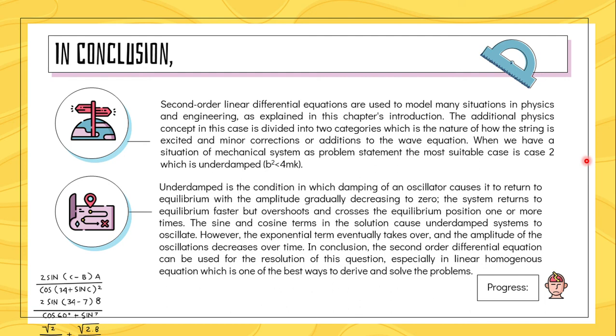However, the exponential term eventually takes over and the amplitude of the oscillation decreases over time. In conclusion, the second order differential equation can be used for the resolution of this question, especially the linear homogeneous equation, which is one of the best ways to derive and solve the problem.